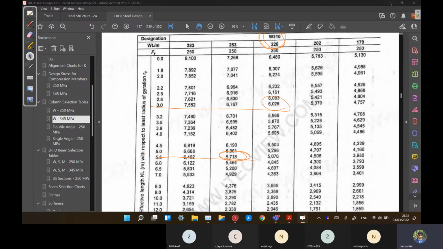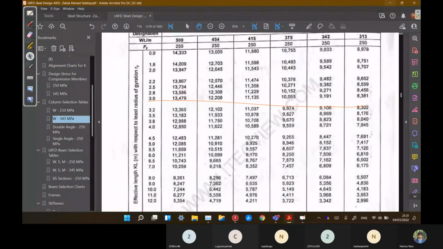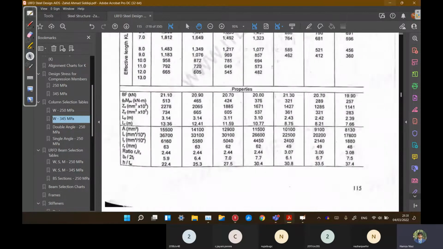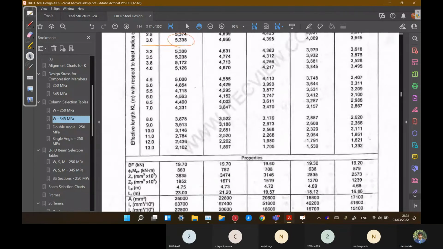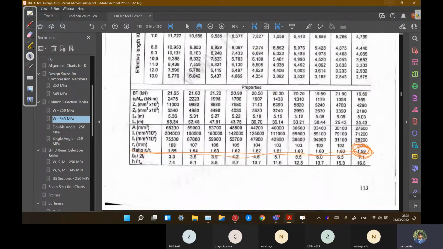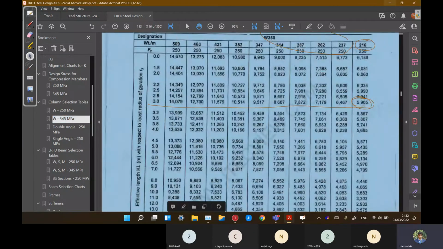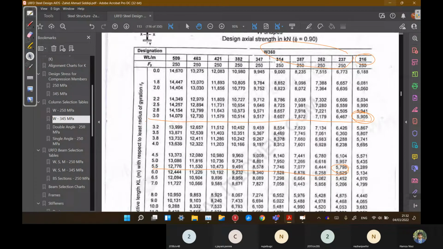Again, we have to check all the columns, because you can find here a lighter one that appears, 557, almost here. So at 5.5, we have this capacity 5798. So this is W360 into 237.